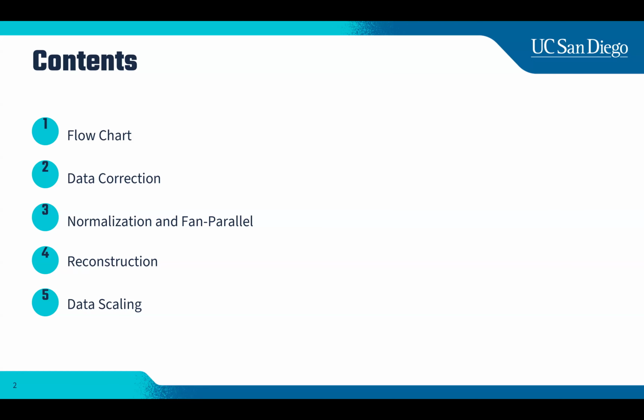So I will cover 5 things. The first is the flow chart, the whole walkthrough of how the CT images are constructed. And then I will cover the data correction for the air scan, the cardiovascular scan, and the normalization, fan to parallel conversion, then reconstruction, then the data scaling.